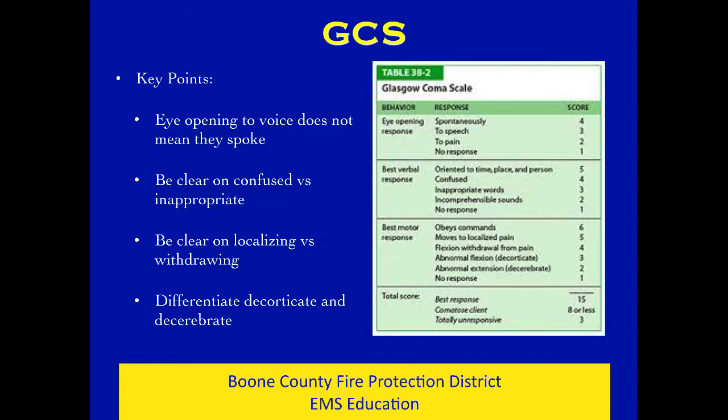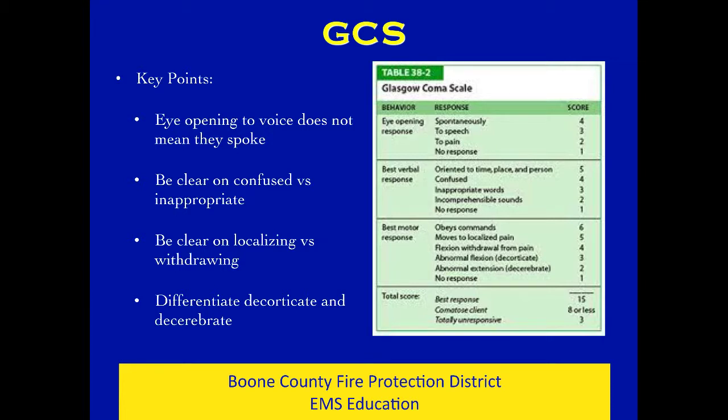And then decorticate and decerebrate. The key things here, and you may need to write this down, the key things here, their neck arches and their feet extend with both. It's what they do with their arms that matters. Flexion, abnormal flexion with extension of the neck and extension of the toes is decorticate posturing, and that is bad.